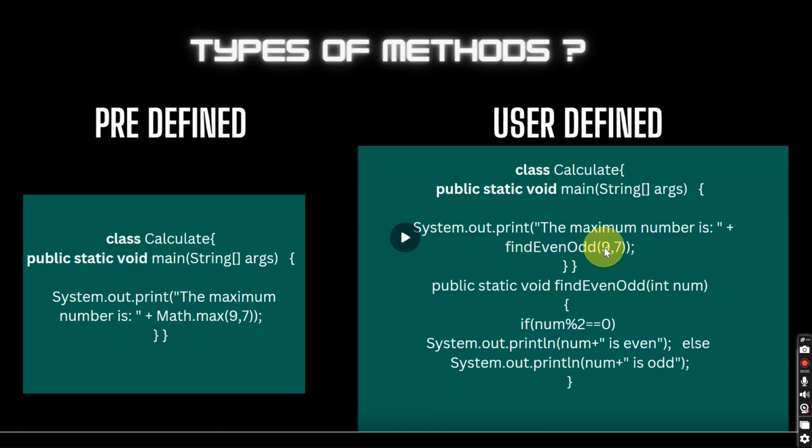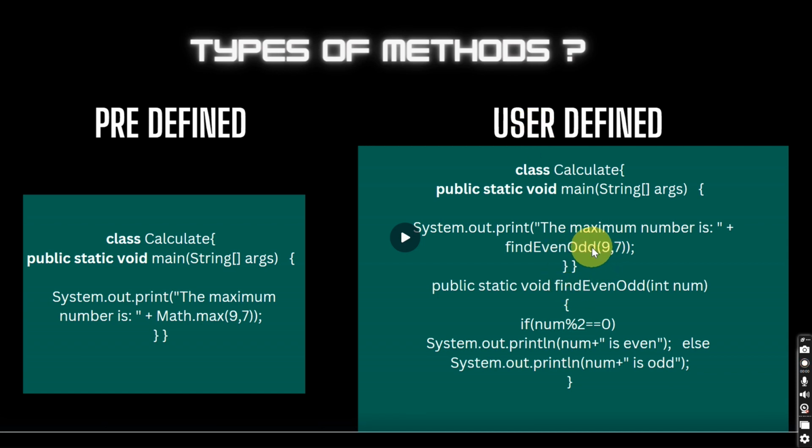So whenever I pass an argument, for example to find even or odd, if I pass the number 9, this function will be called and it will perform this operation, and it will give you the result as you're printing that statement. If the condition is true, then this statement will be printed, or else that statement will be printed. So this is the user defined function.